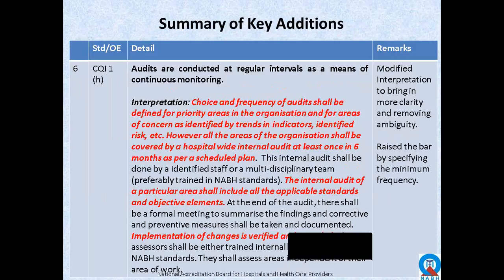So we have to ensure that it is done at least once in 6 months. Or you can always ask, have you identified some areas where it requires more audit? What are the reasons? And if there were these things, how has been the progress? So you're giving the hospital a scope to look at it beyond the normal audits.